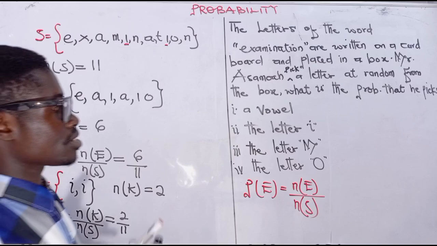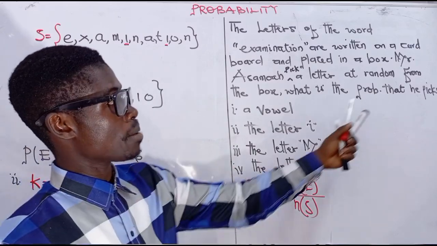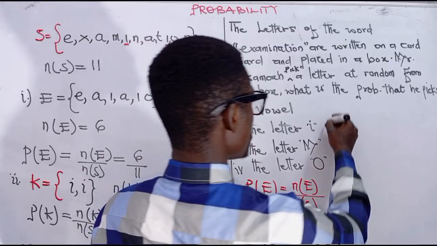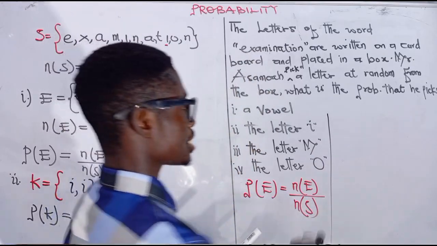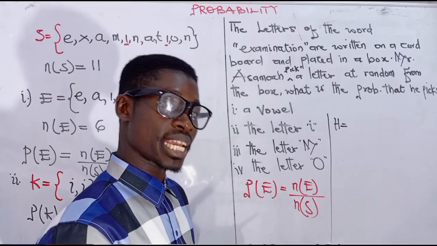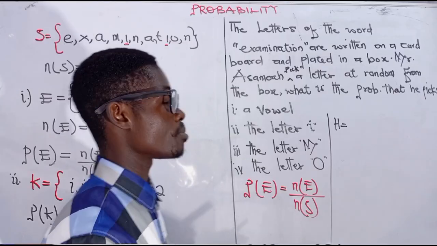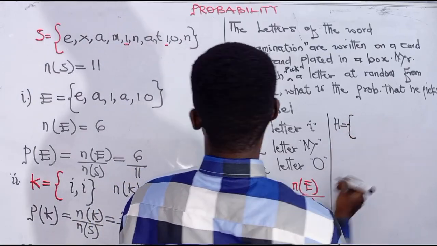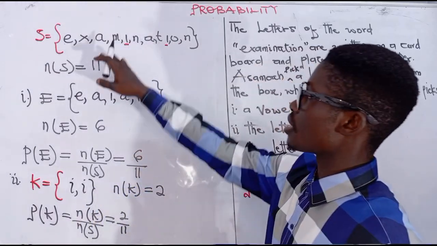Let's look at this particular one. The probability that he picks the letter M. So we are going to use the letter H to denote the event of picking the letter M from the word examination. So how many M do we have in the word examination?